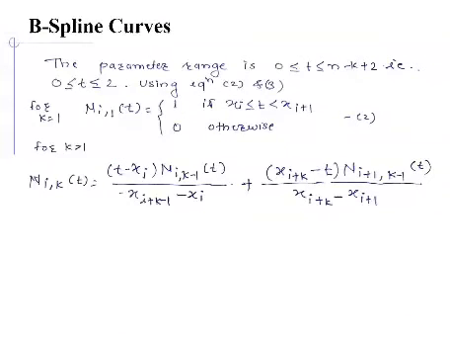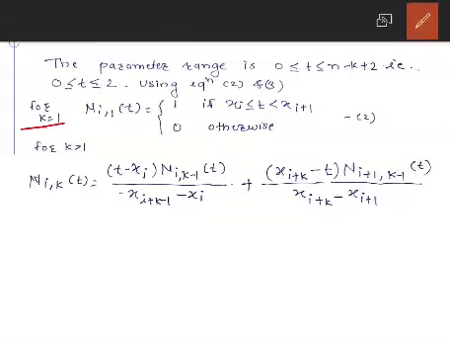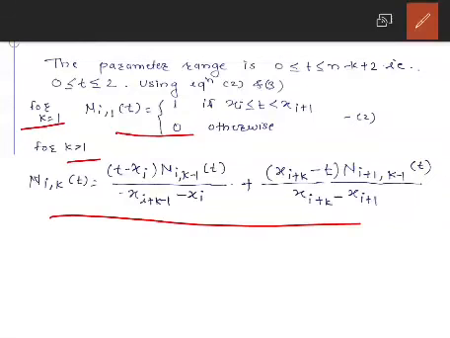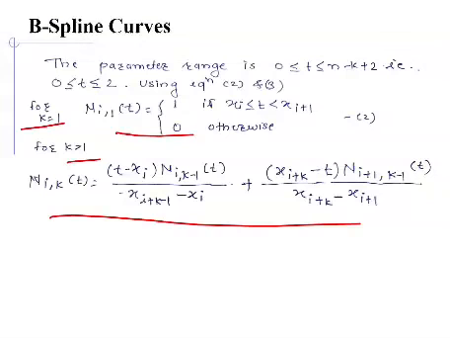Now using these knot vector values, we can calculate the basis function or blending function using equations 2 and 3. So for k is equal to 1, we use this equation. For k is greater than 1, we use this equation. Now see, this equation is a lengthy equation, and when we calculate it with the values, it requires so much time.